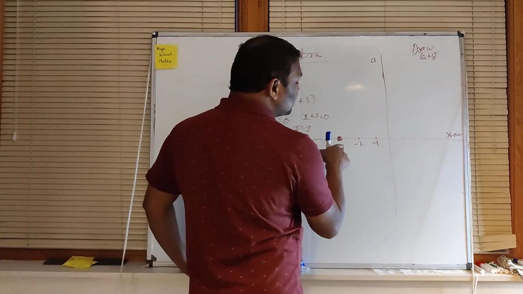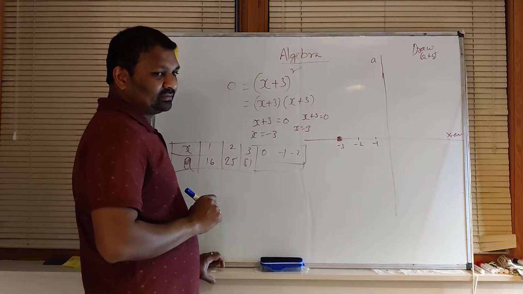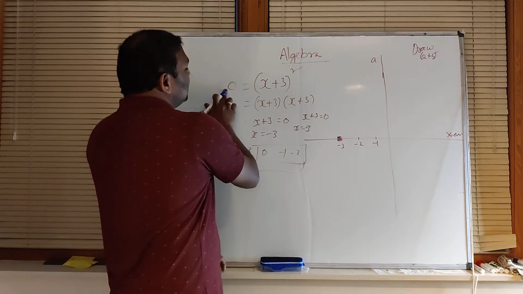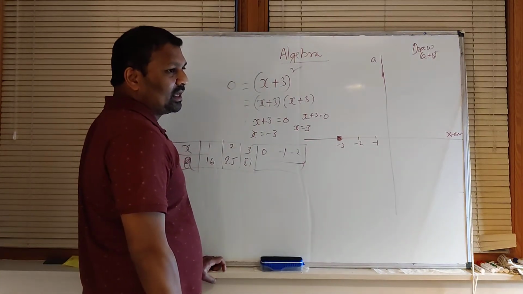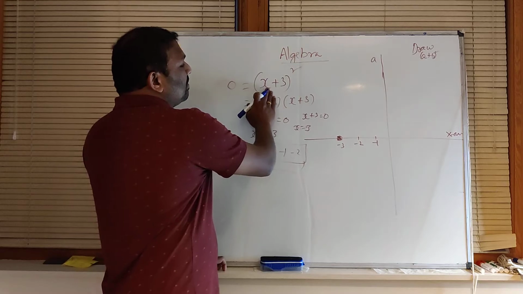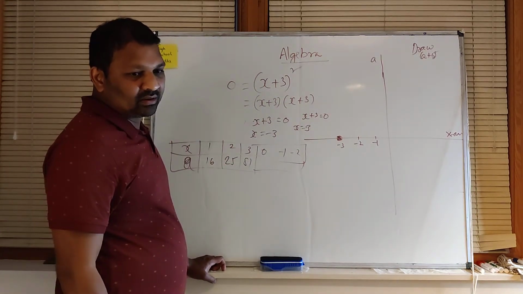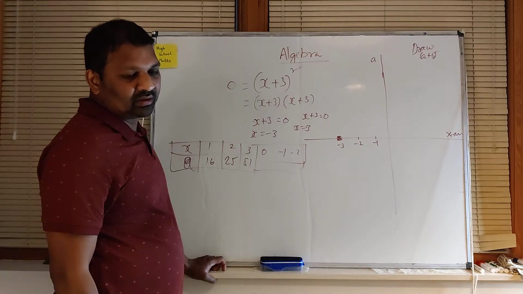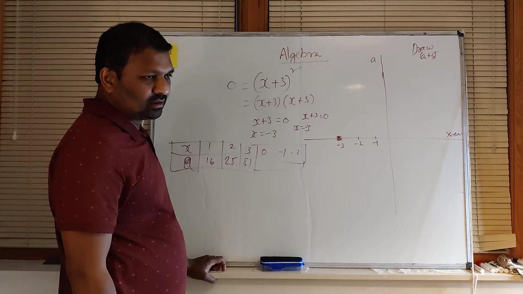Because on the x-axis the value of y is 0. Again I am telling you, if you put 0, you will get a root or roots. In this case, because both the factors are same, both the roots are same. Is a and down is f of a? It can be.